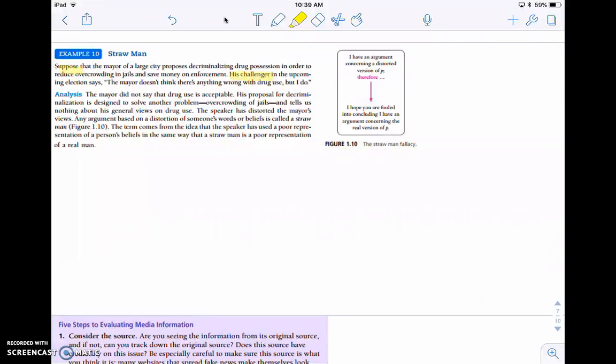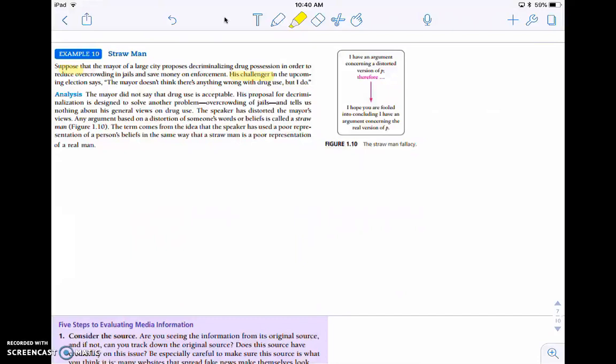So notice the mayor never said anywhere that drug use is acceptable. But by proposing decriminalizing some drug possession in order to reduce overcrowding of jails and saving money on enforcement, this individual makes the implication that, well, this person wants to decriminalize drug possession, therefore he doesn't think that drug abuse is wrong at all.